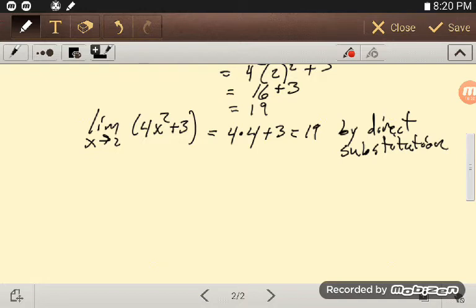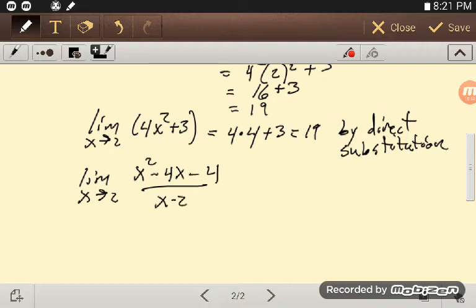And let's look at something like the limit as x goes to 2 of x squared minus 4x minus 4 over x minus 2.